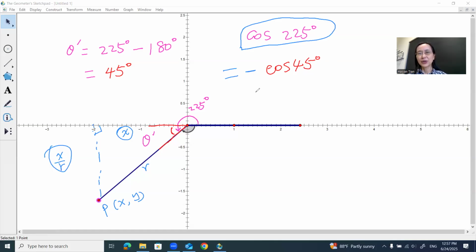And then based on the location, we can decide the reference angle, and then use the evaluation of the function at the reference angle. But that's not necessarily the value of the given problem. So we have to address the sign based on the location of the given angle.